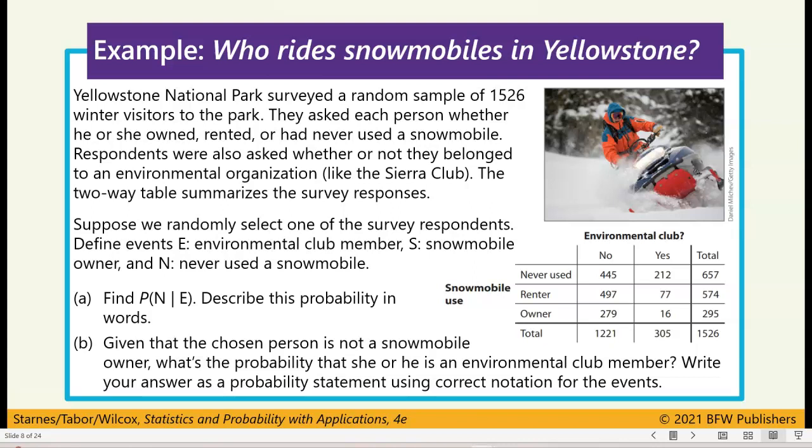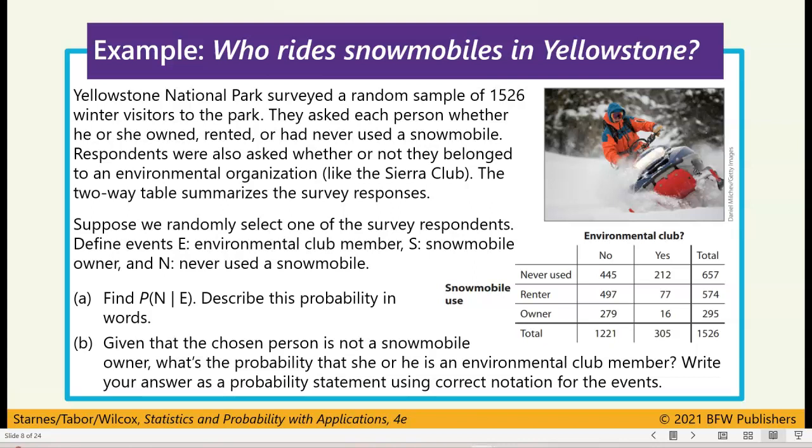Suppose we randomly select one of the survey's respondents. Define events E as the environmental club member, S as the snowmobile owner, and N as never having owned a snowmobile. What's the probability, reading this statement in context, that you've never owned a snowmobile, given that you are a member of the environmental club?